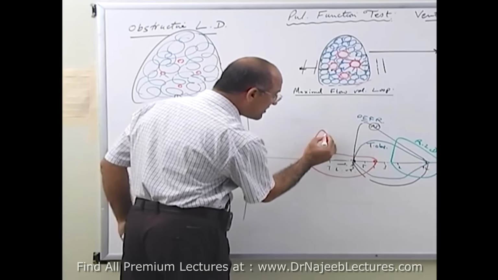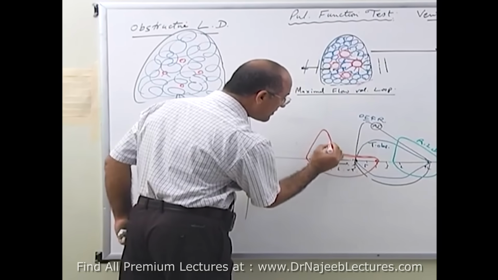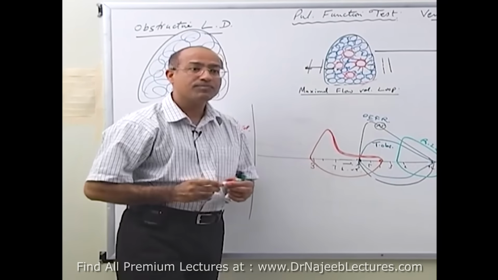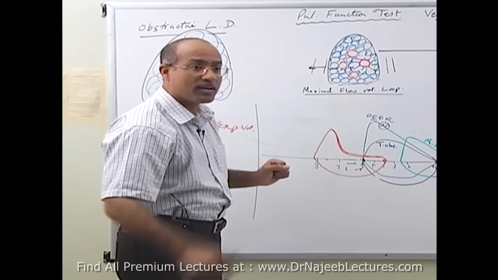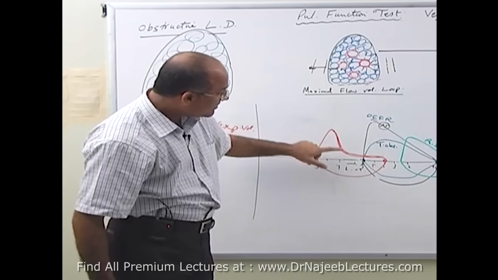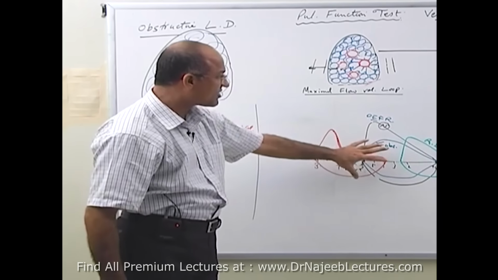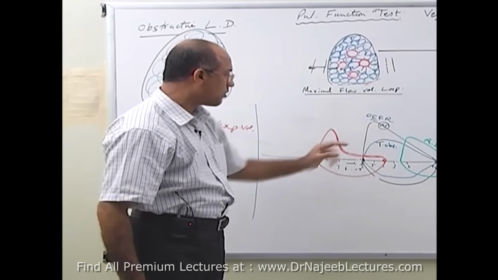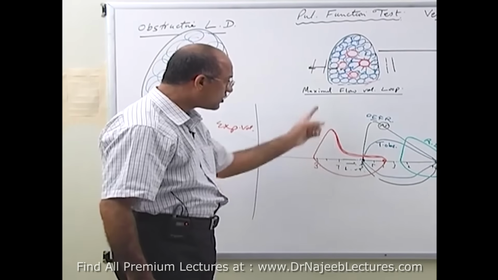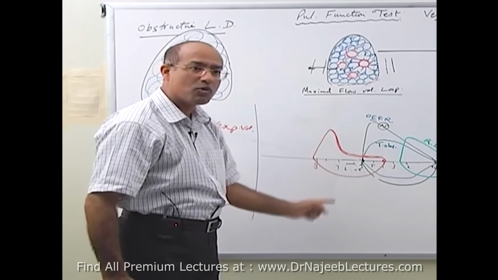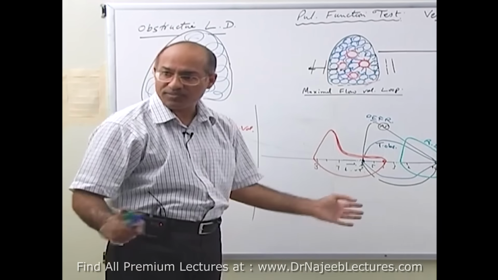Now, so what is this? This is a sofa on which you can sit, because you have some obstruction in your airway. So this is the different pattern which you can see in the maximal flow volume loop. On this axis we are looking at the volume, on this axis we are looking at the flow. Am I clear to everyone?